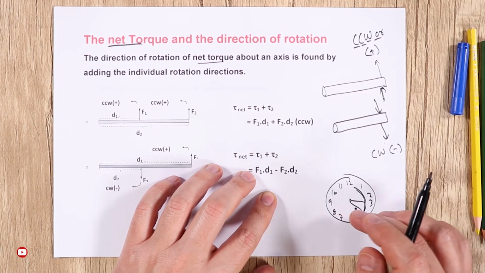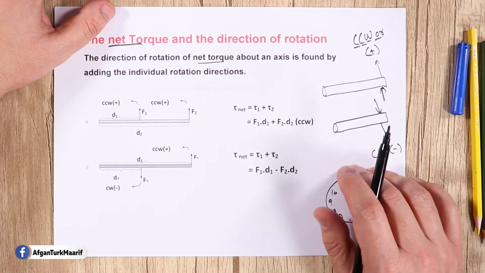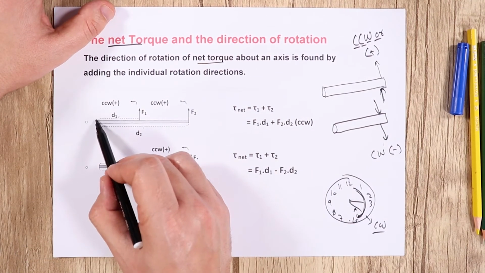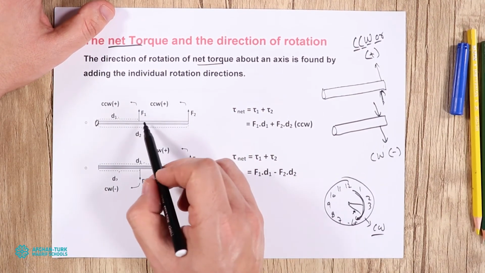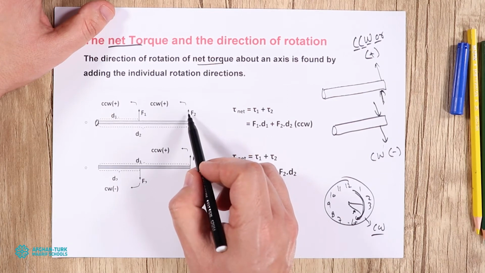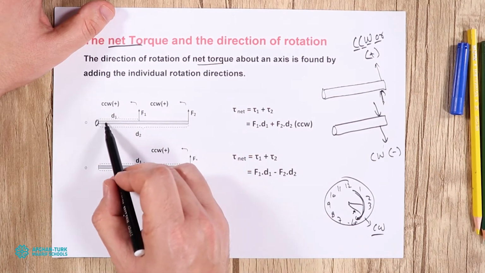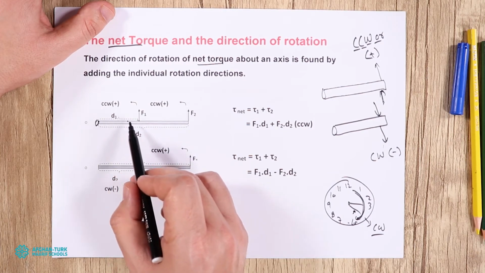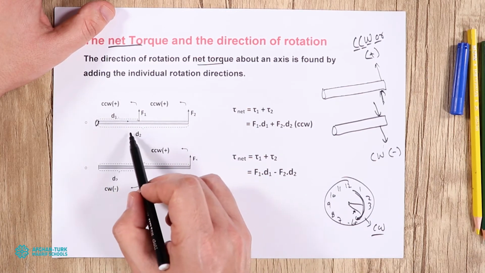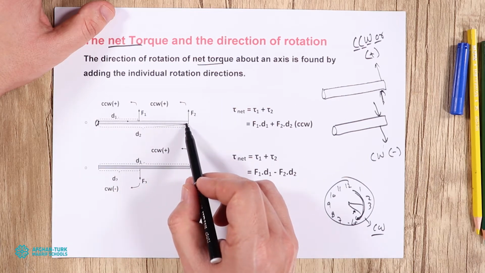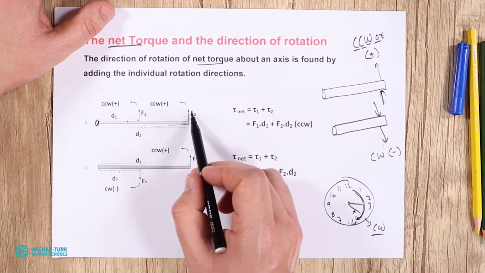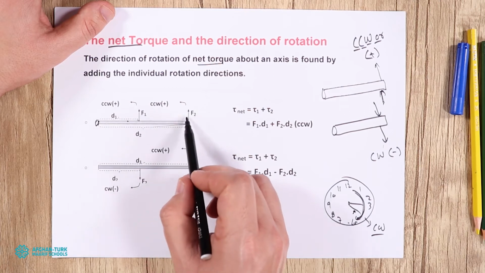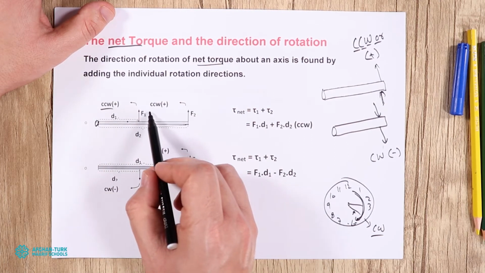So let's see here, this is the rotation point of this lever. Here two forces are applied, F1 and F2, and the distance from the turning point to the applied force is D1, and for F2 it is D2. So two forces are applied, but both are counterclockwise.